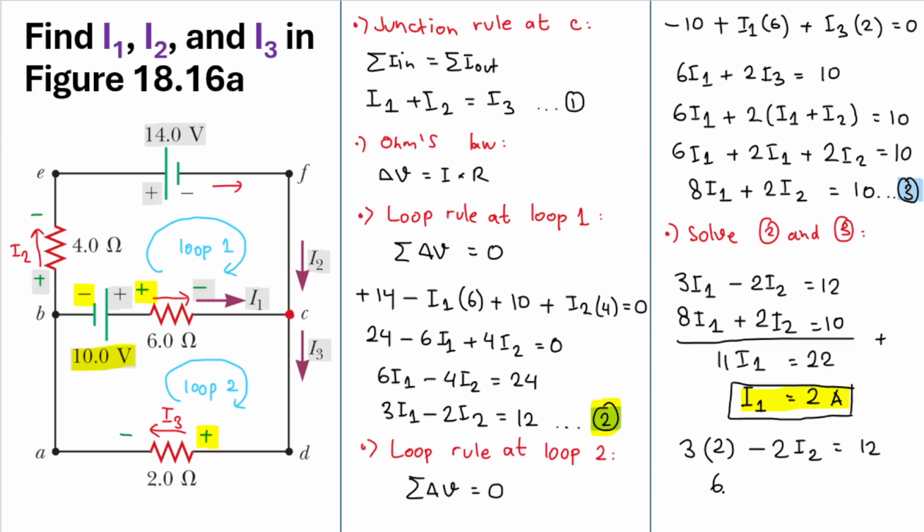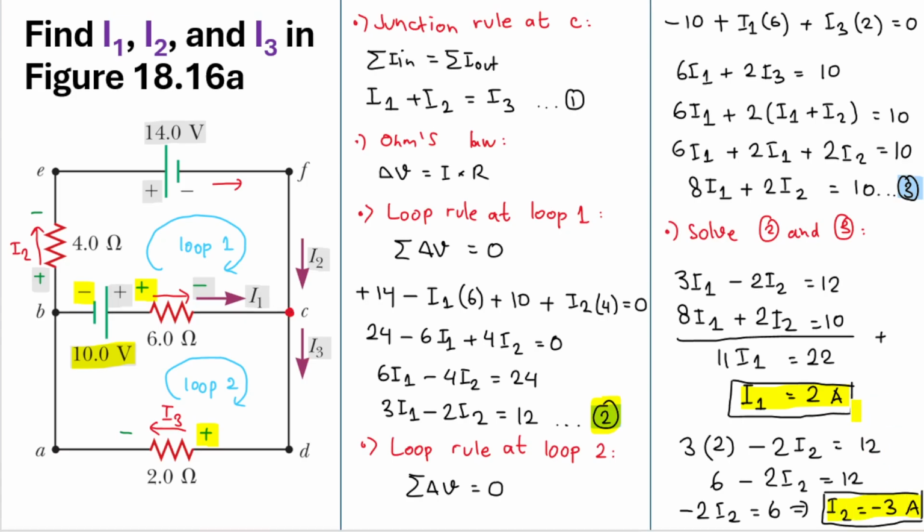So I will have 6 minus 2I2 equal to 12, or minus 2I2 will equal to 12 minus 6, which is 6. And so we will have I2 is equal to minus 3 ampere. Okay, which is nice because this is also the second value that we are looking for. Good. And we can also highlight that.